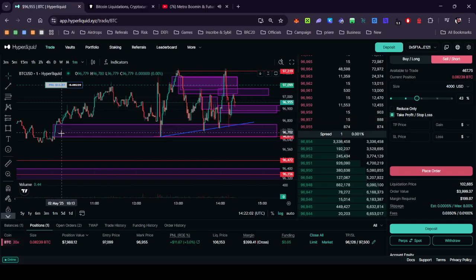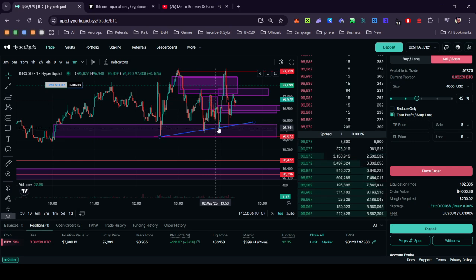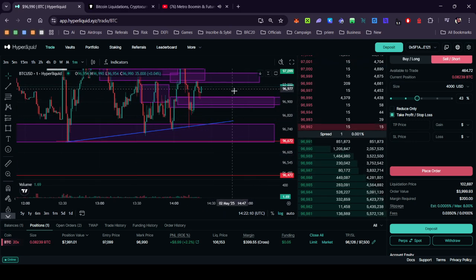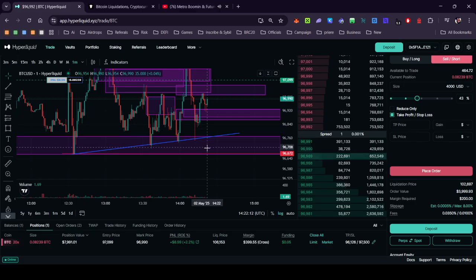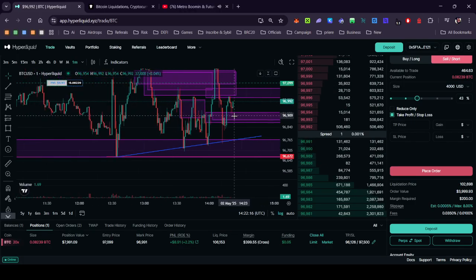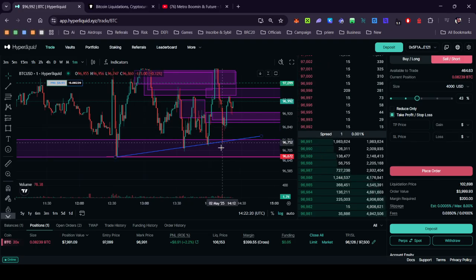Liquidity has already been taken multiple times in this area. Like I said, market maker will not allow price to dip below those levels as they have their own orders placed around those levels.